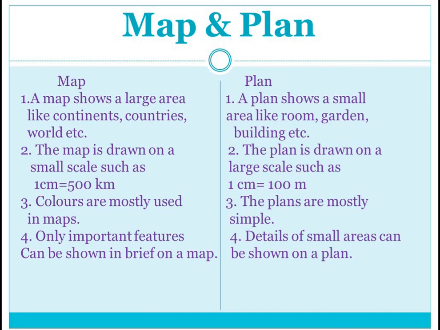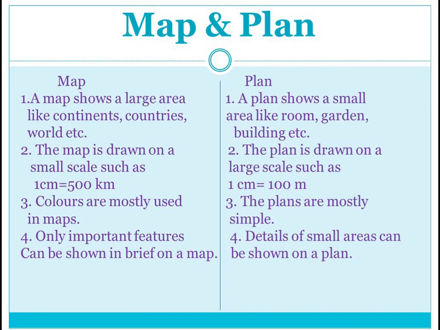Large areas are like continents, countries, the world, a state, etc. Small areas are like a room, garden, building, school, etc. A map is drawn on a small scale, such as 1 centimeter is equal to 500 kilometers. In comparison, a plan is drawn on a large scale, such as 1 centimeter is equal to 100 meters, as we are taking small areas to show in the plan.